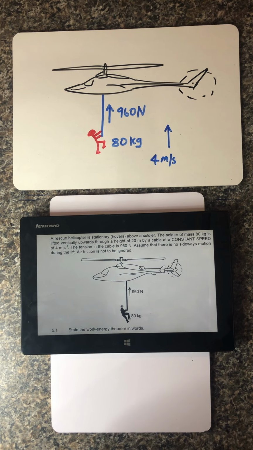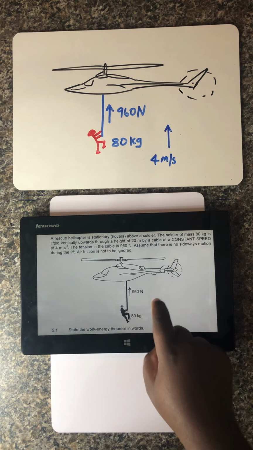So just in case you need to answer a particular question, and you get to a stage where you realize the formula that you must use has initial velocity and final velocity, then because it was indicated that the cable is moving at a constant velocity or constant speed, it means its initial and final velocity is the same. Very, very important, ladies and gentlemen.